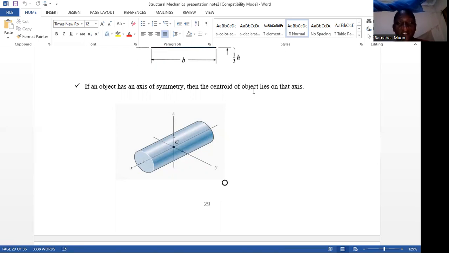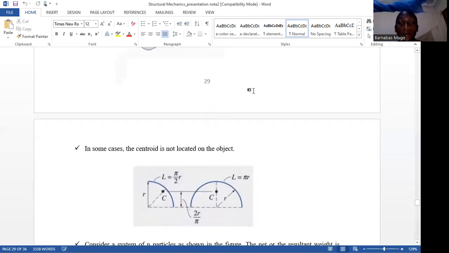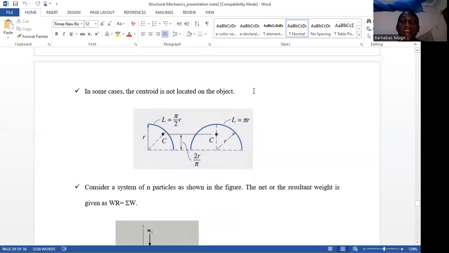The x, the y, and the z axis are going to coincide at the centroid. Reason being, it is a symmetrical object, and therefore along the axis of symmetry, that is where we obtain the centroid of that object.